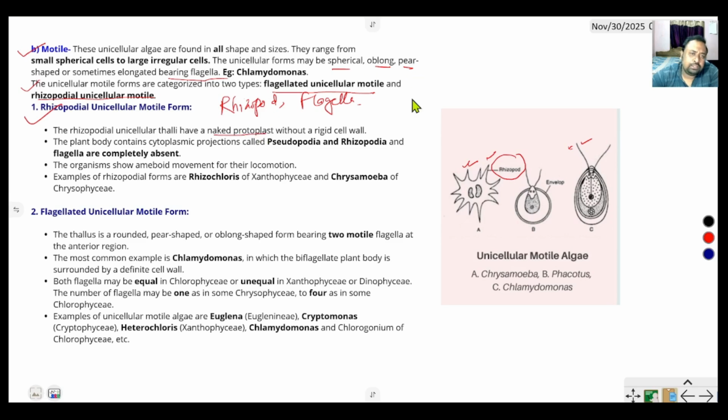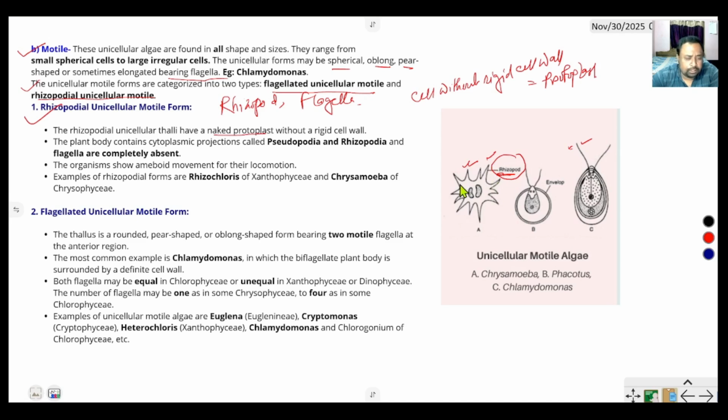So, what is a protoplast? A cell without a rigid cell wall is called a protoplast. So, in the case of rhizopodial unicellular motile thallus, there is a rhizopod present, where the rhizopod is a pseudopodial-like structure.